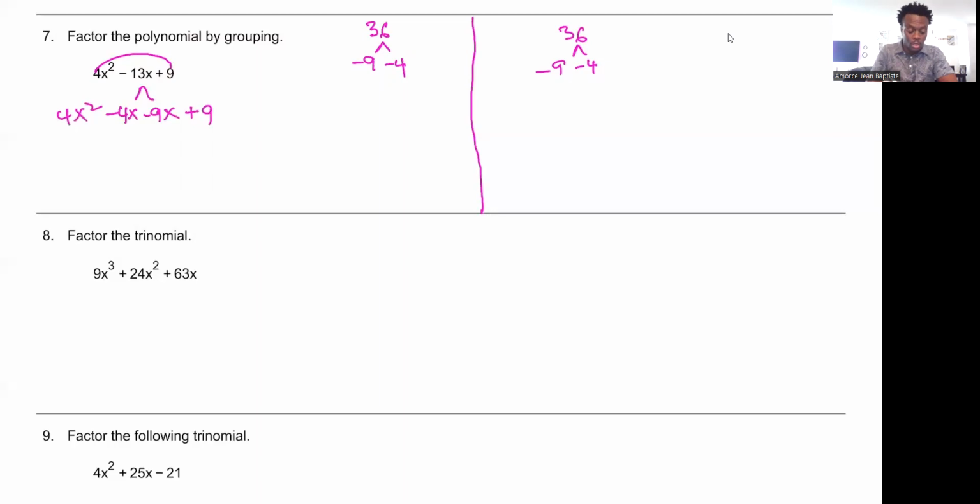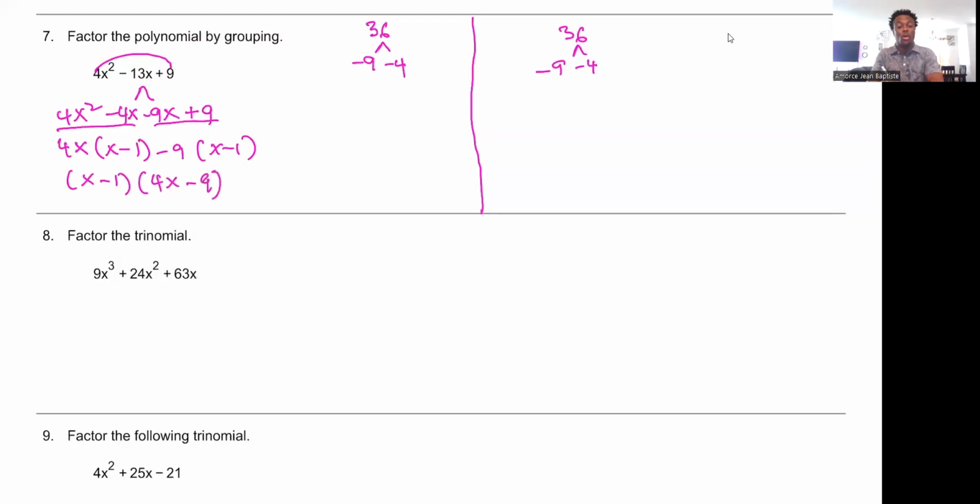Now you have four terms. We just group and factor. So that is 4x out, x minus 1, and then negative 9 out, x minus 1, and then we factor the x minus 1, so 4x minus 9 is the factored form of this.